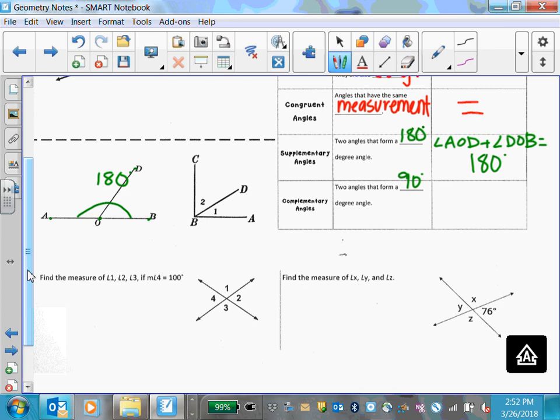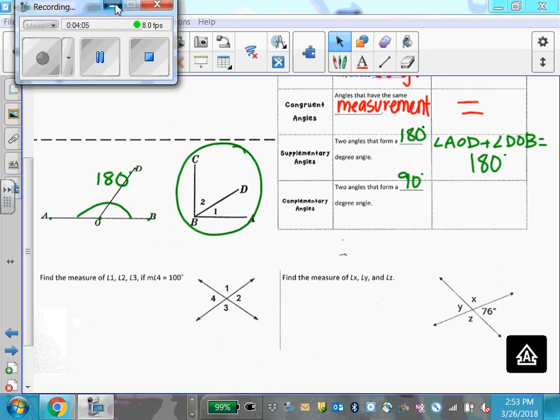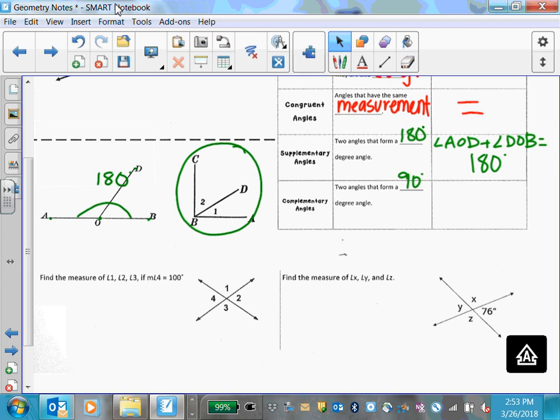I want you all to try to write a statement for this one. They're complementary, which means they add to 90. Try to write a statement very similar to mine using these two angles. Hopefully, whatever you wrote has B in the middle, because B is the vertex.